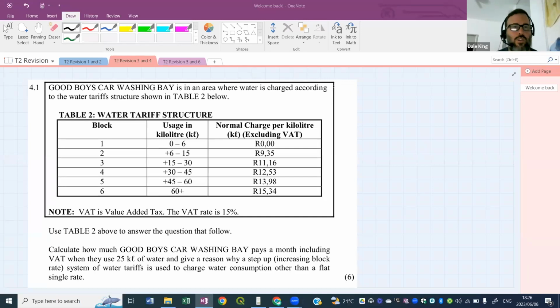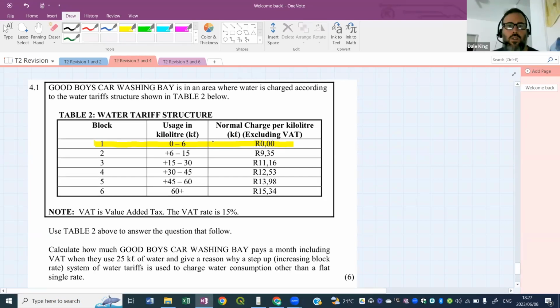Let's have a look at this. Let's understand the table first. We've got a tariff payment structure here, with 1, 2, 3, 4, 5, 6 rows of tariffs. Let's look at the first one. This is a normal thing to see in tariff tables. They've done away with it now, which I don't understand the legality of. But in 1994, when Nelson Mandela was freed, he made some statements saying every South African household deserves a certain amount of potable water, free.